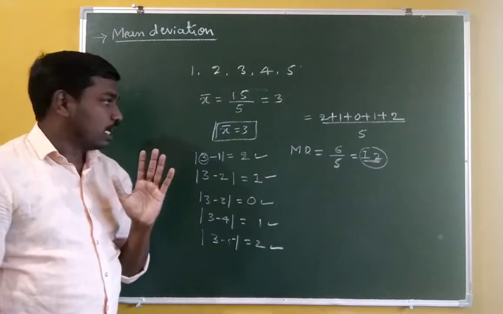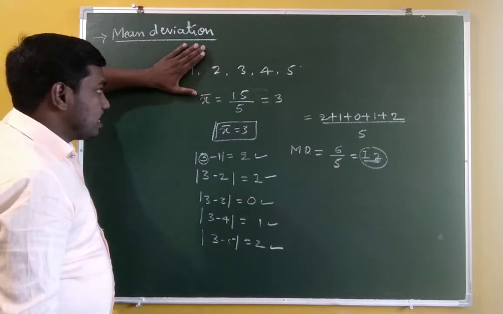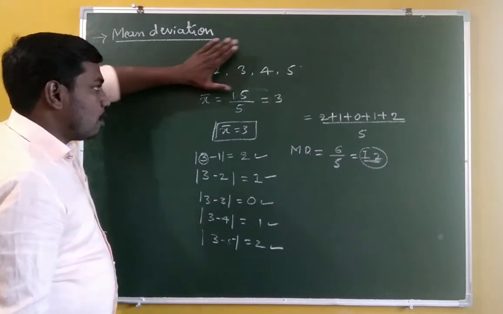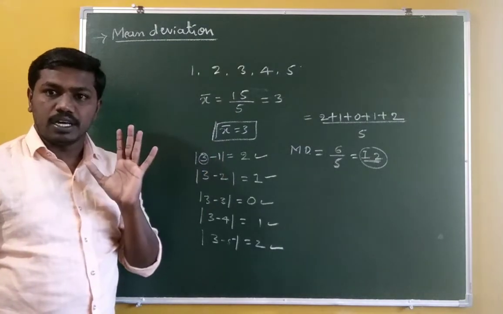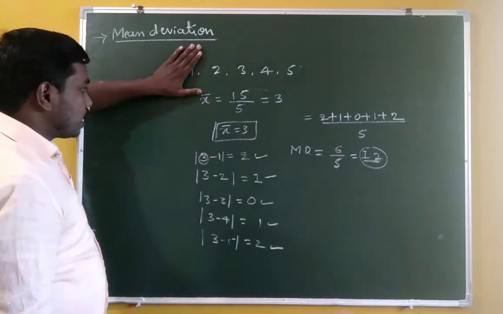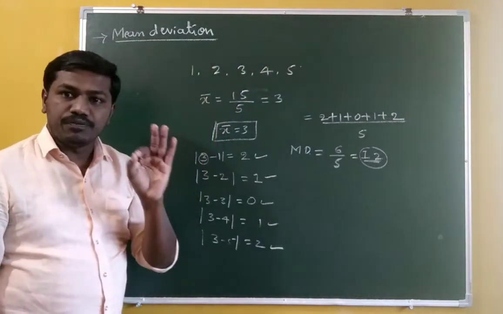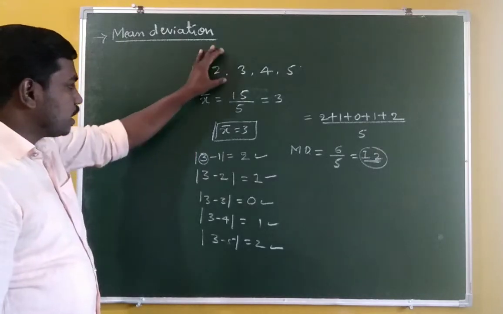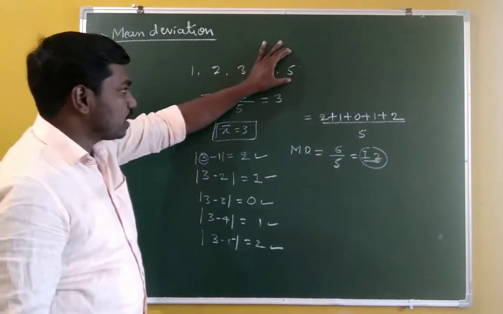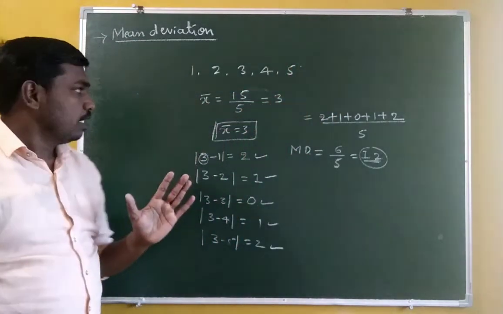Do you understand, children? So this observation is given, and clearly this observation is in ungrouped data. Am I right? Yes, x1, x2, x3, x4, x5, the 5 observations, in general x1, x2, x3, up to xn be the observations.